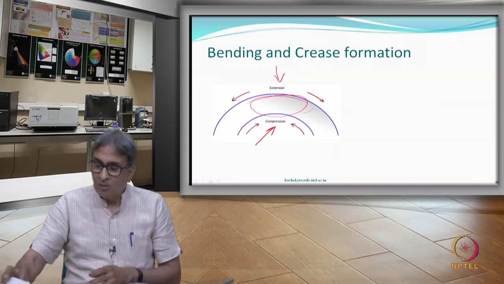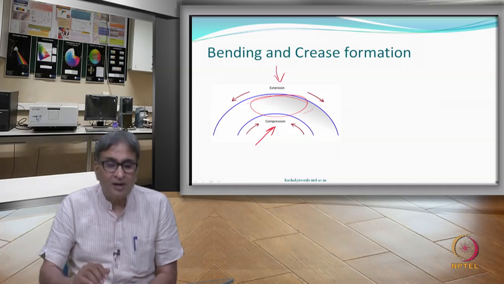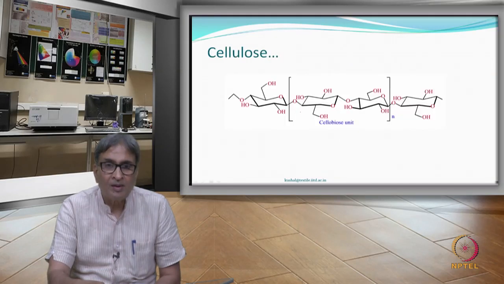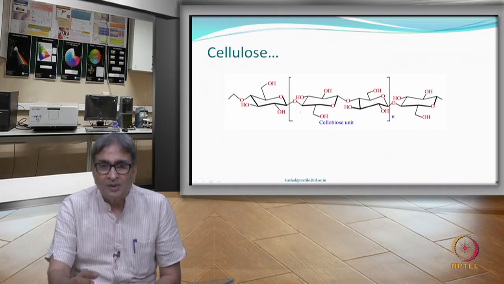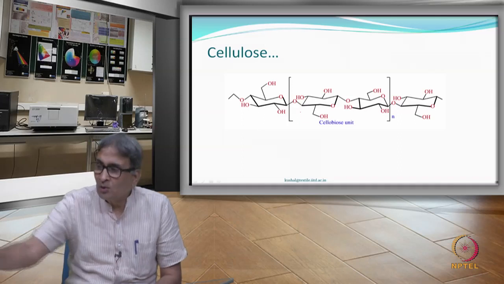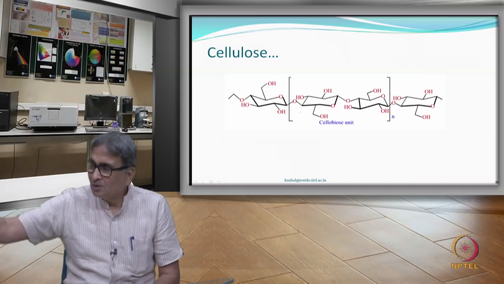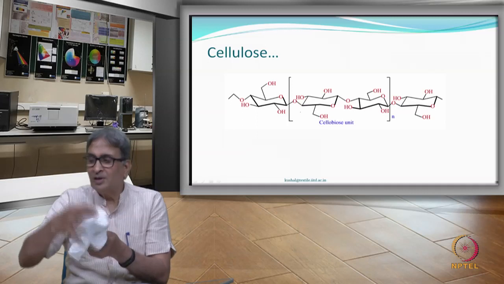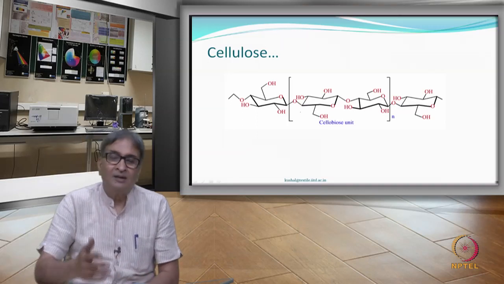So, why does it crease and why does it recover? So, let us see a molecule like cellulose, which is in the cotton, also in the paper. You see that the cotton also creases, recovery is bad; the paper also creases, recovery is bad.